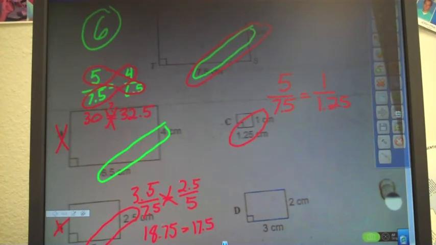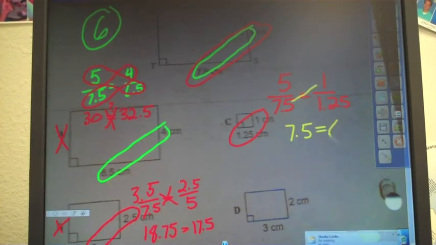So let's find the cross products here. 7.5 times 1 is 7.5. 5 times 1.25 is 6.25. These are not equal, therefore our rectangles are not similar.